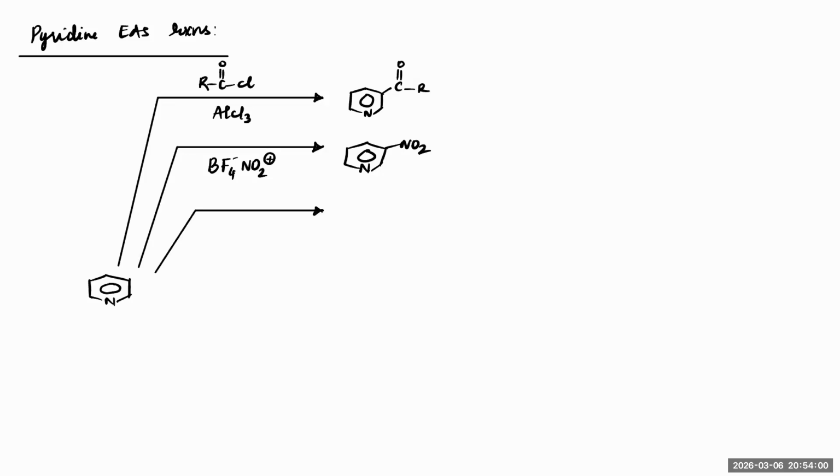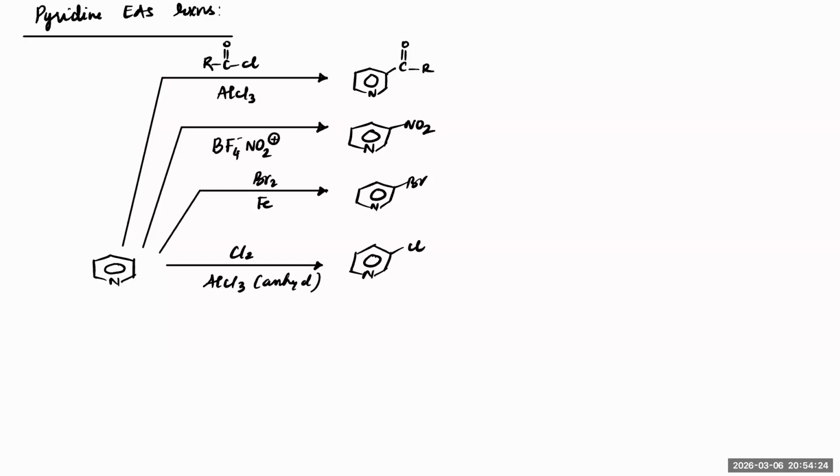And bromine substitution is very similar to how we do it on benzene here. So we will get Br substituted here, correct? Chlorine also in the same way, mostly used with Cl2, anhydrous AlCl3. So this will give you chlorination on pyridine. This way you can get the chlorination form.